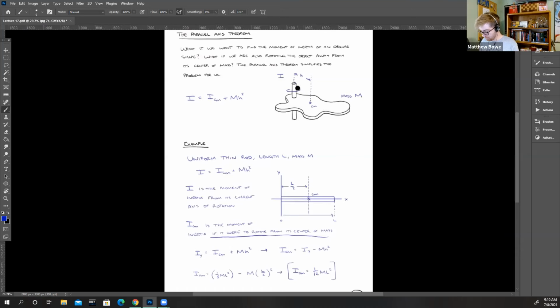For an obscure object like this, it would be a matter of breaking it up into manageable pieces. You could do point masses to get a very good estimate. Break it up into sections. Say there's a point mass here, here. If you break it up into a lot more point masses, you get a little bit more accurate.